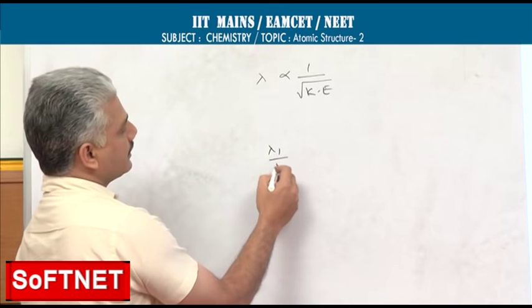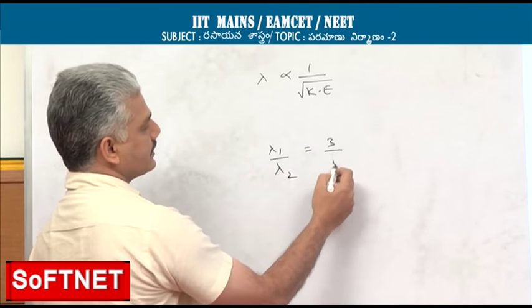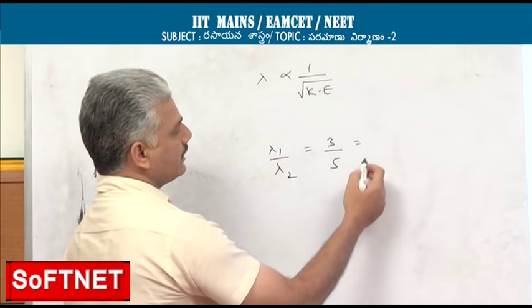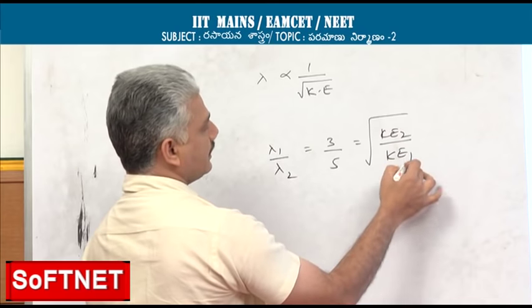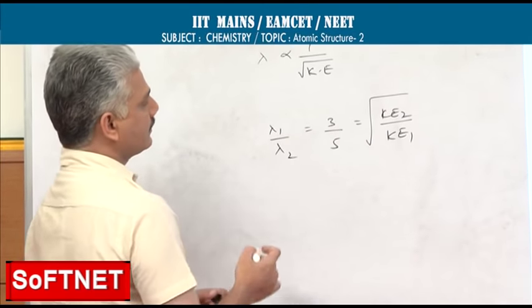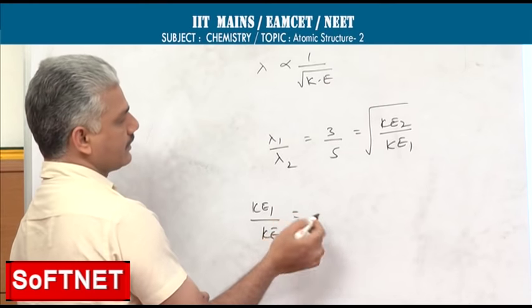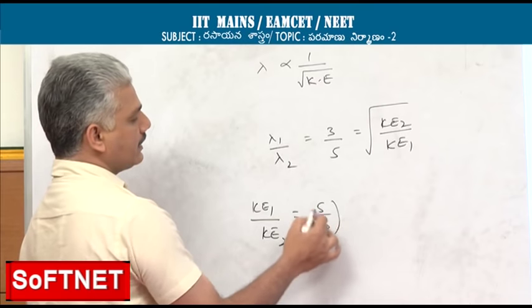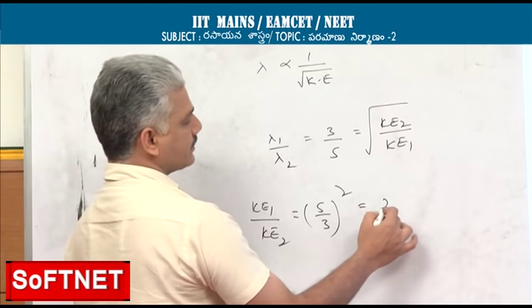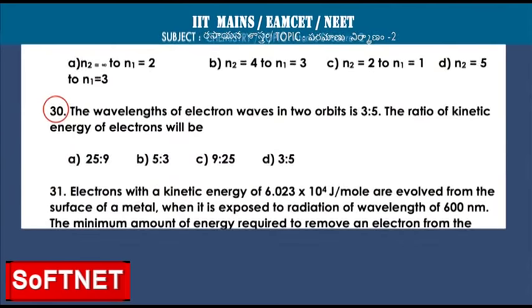Lambda 1, lambda 2 are taken as the wavelengths. The ratio is given as 3 by 5, that will be equal to square root of KE2 by KE1. So, we need to calculate KE1 by KE2 value. So, it has to be inverted and then squared. That comes out to 25 by 9, or 25:9.